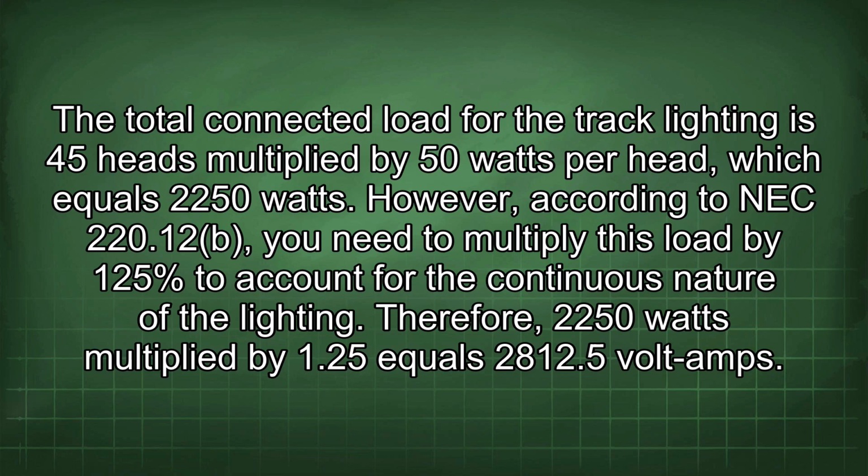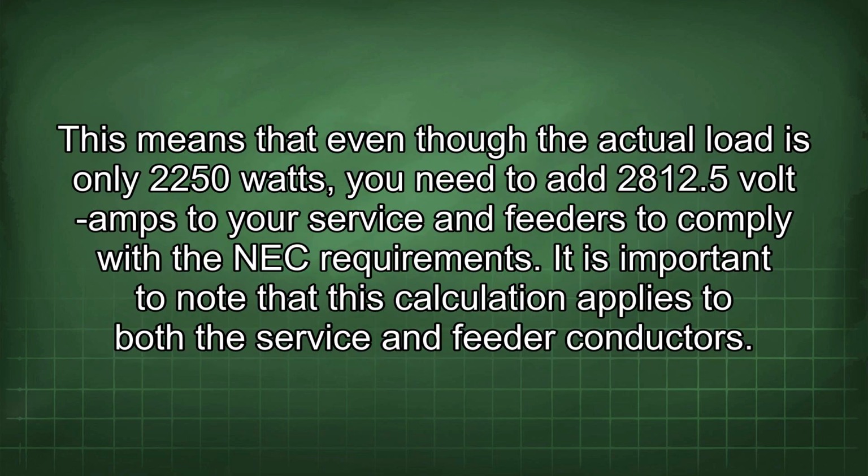However, according to NEC 220.12, you need to multiply this load by 125% to account for the continuous nature of the lighting. Therefore, 2250 watts multiplied by 1.25 equals 2812.5 volt amps. This means that even though the actual load is only 2250 watts, you need to add 2812.5 volt amps to your service and feeders to comply with the NEC requirements.